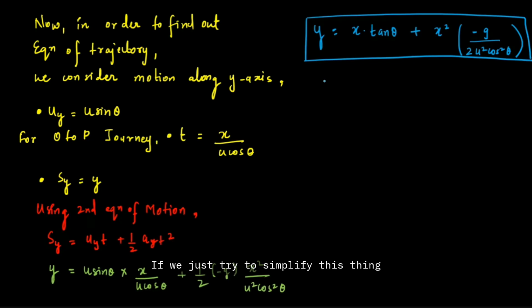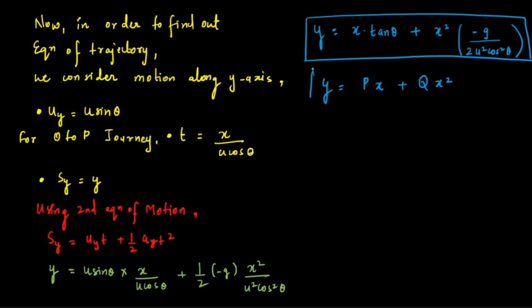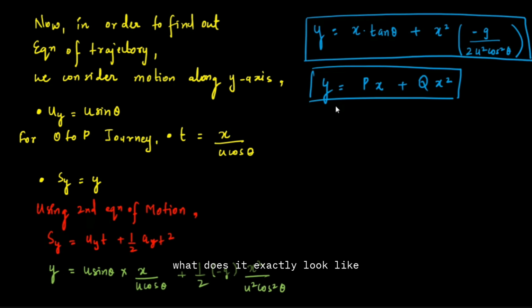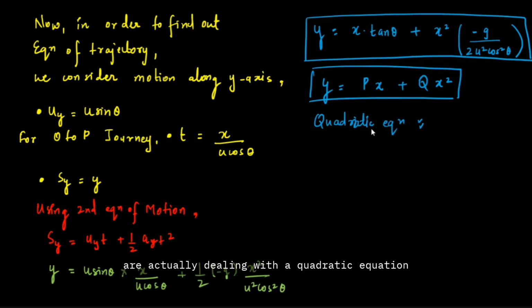If we simplify this, we can write it as px plus qx square. Now, what type of equation is this? Think and tell me. What can we infer from this equation? Y equals... maybe like a quadratic. Yeah. So this is basically a quadratic equation, and whenever we are dealing with projectile motion, we are actually dealing with a quadratic equation.